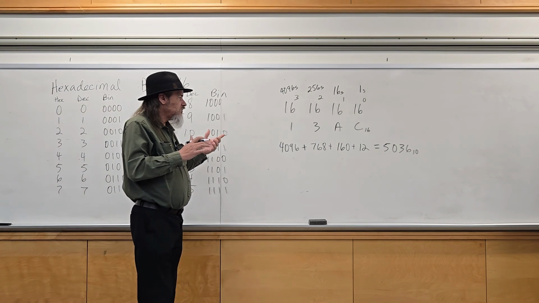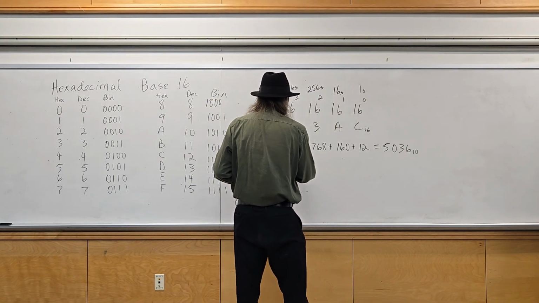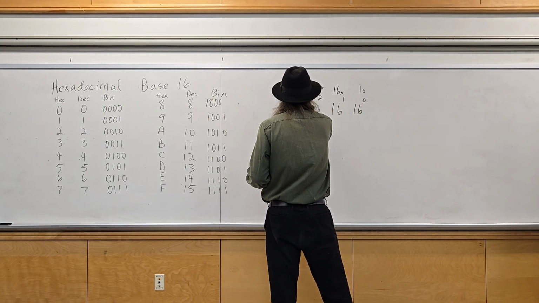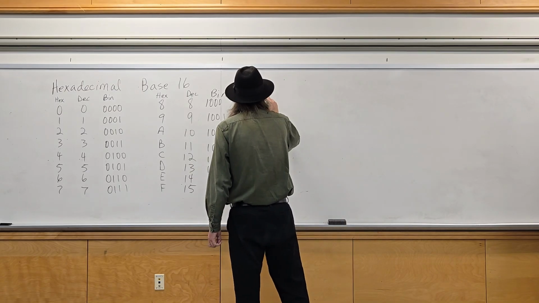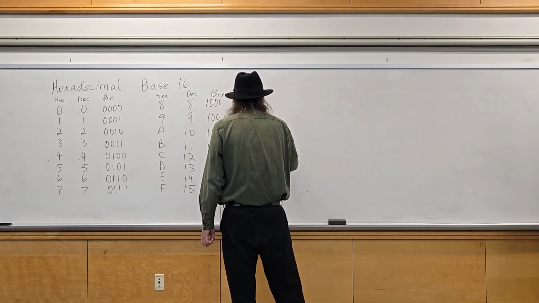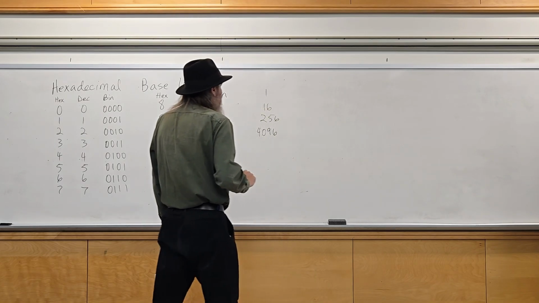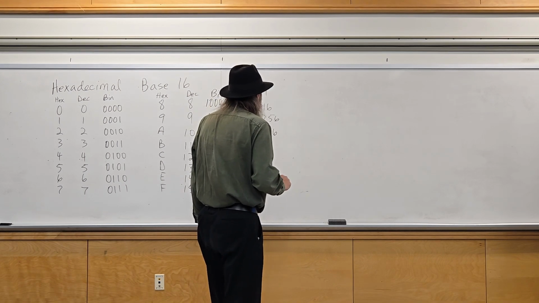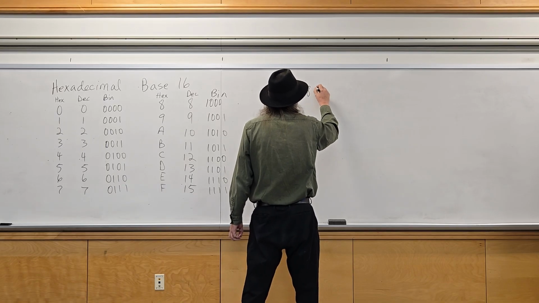Now converting decimal to hexadecimal, let's look at the 1, 16, 256, and 4096 positions. And let's say you're converting the number 7,842.